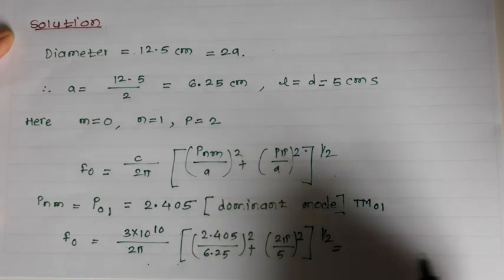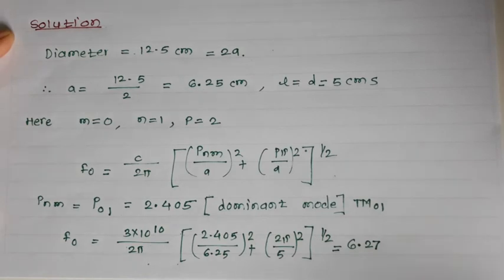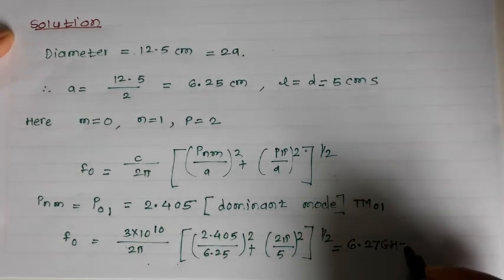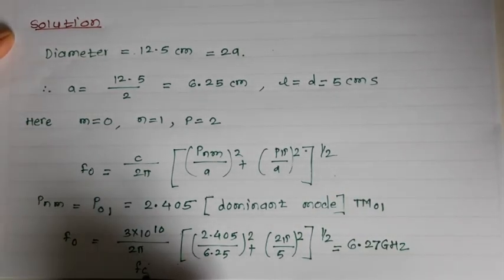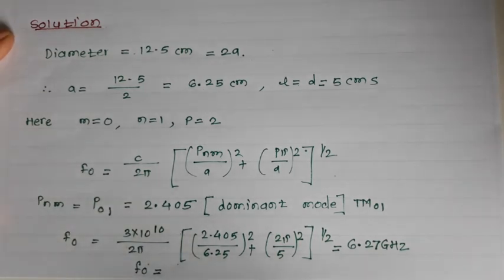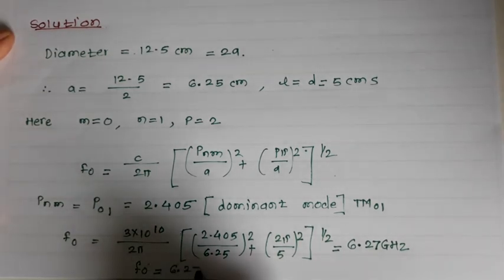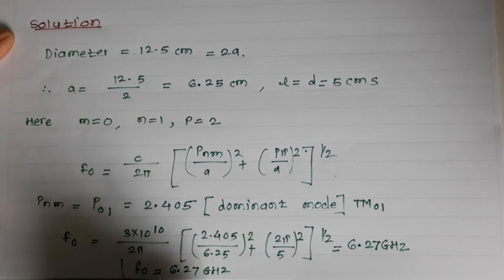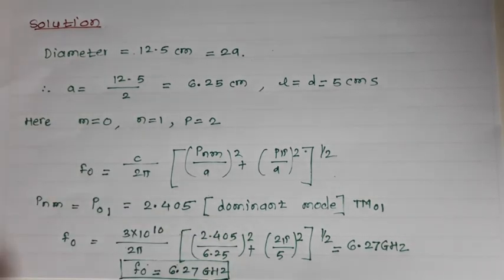If you calculate all these things, the frequency will be 6.27 gigahertz. So the resonant frequency for the circular resonator will be 6.27 gigahertz. This is how we calculate the circular cavity resonator frequency.